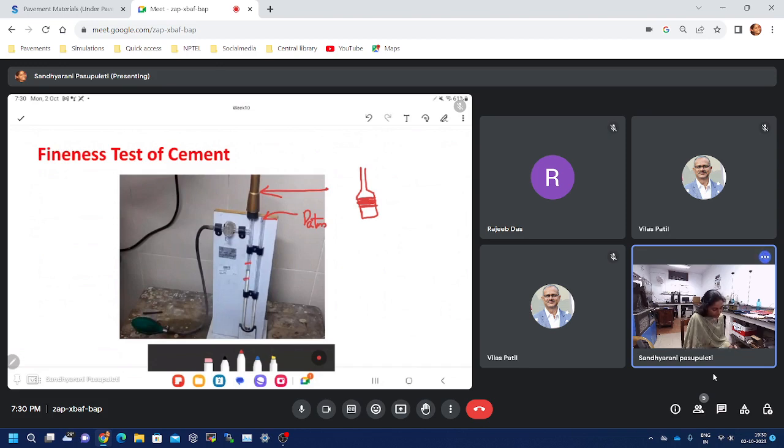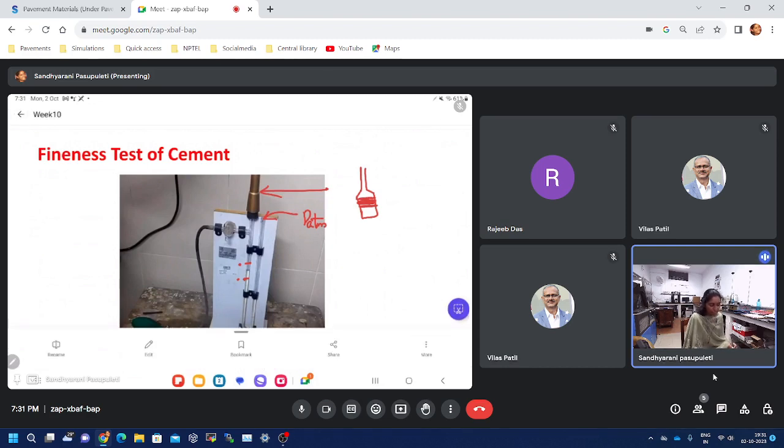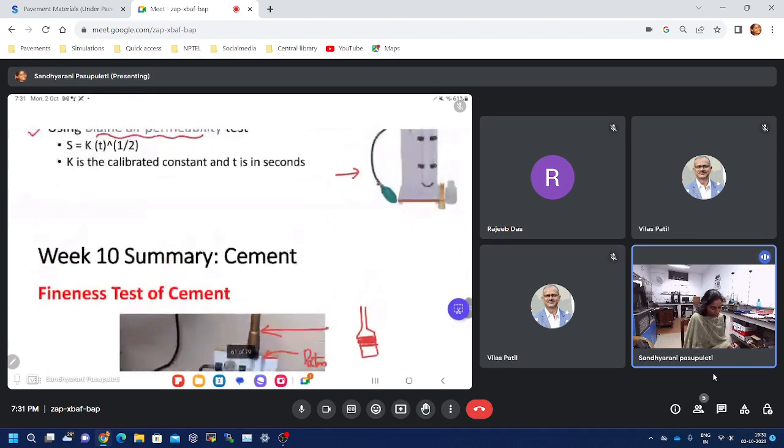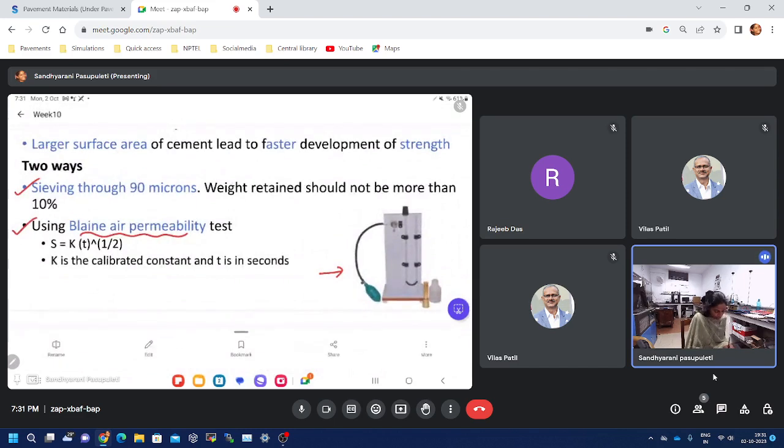So what happens is, the oil present in this manometer takes some time to move from one distance to another. Depending upon the amount of time it takes to move from one place to another, we can actually determine the fineness. How do we?